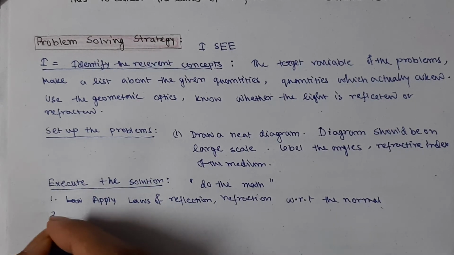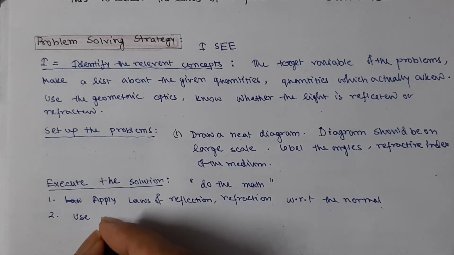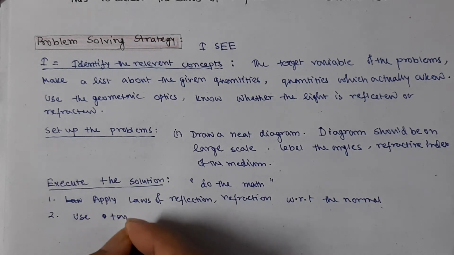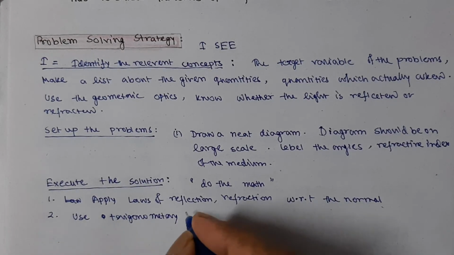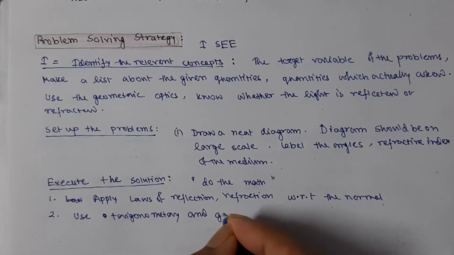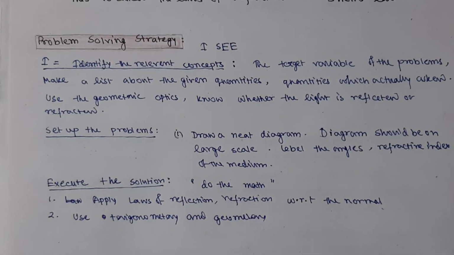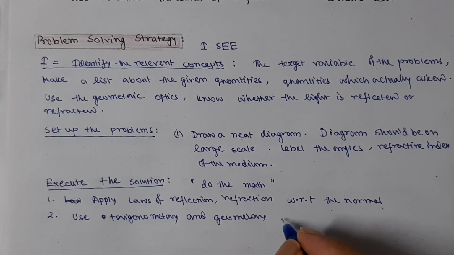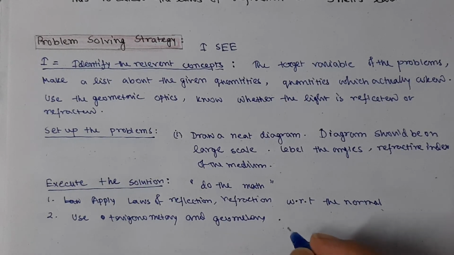Second, use trigonometry and geometry. While solving this problem we have to use the properties of triangles and of complementary angles, so we have to use geometry and trigonometry together.